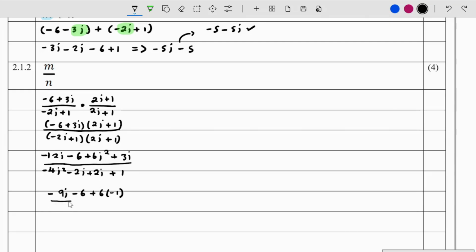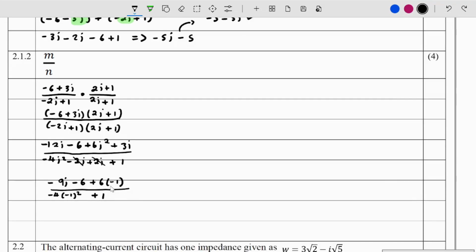Remember, i squared is negative 1. In the denominator, you will notice that negative 2i and 2i give us 0, and then you're going to end up with negative 4 times negative 1 plus 1. When you simplify further, negative 6 and negative 6 give us negative 12.